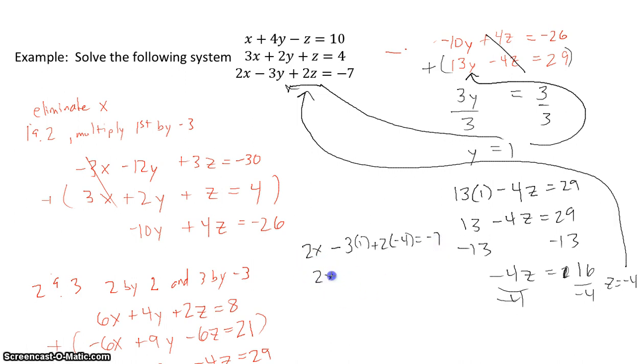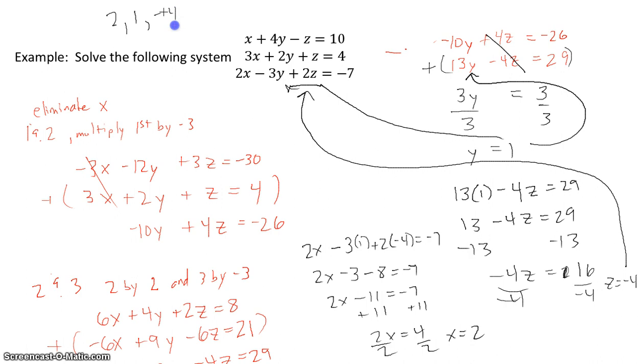So I have 2x minus 3 minus 8 equals a negative 7. 2x minus 11 equals a negative 7. I add 11. I get 2x equals positive 4. Divide by 2, I get x equals 2. So my answer is 2, comma, 1, comma, negative 4.